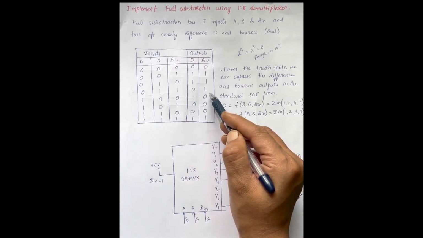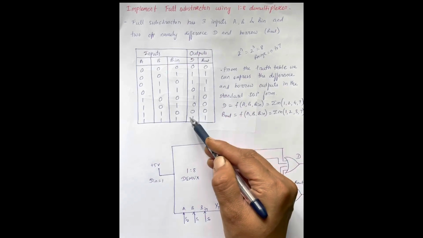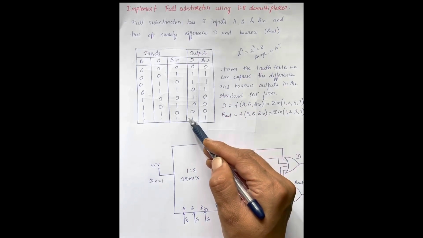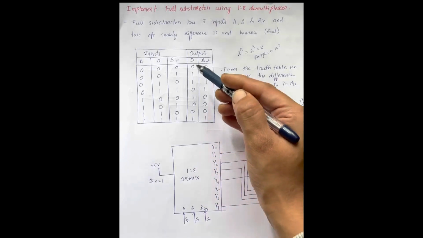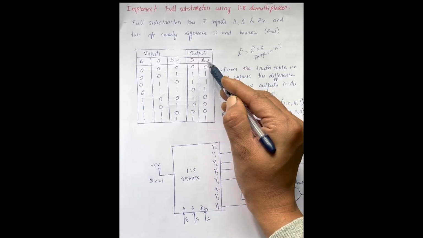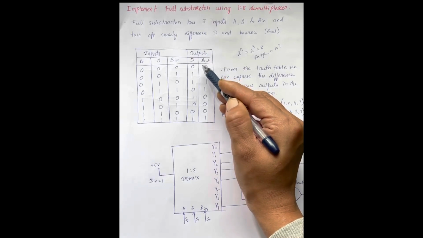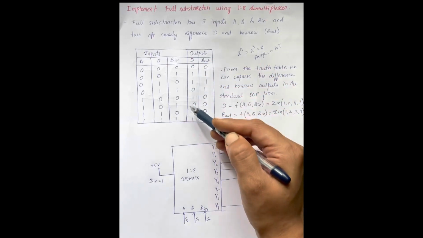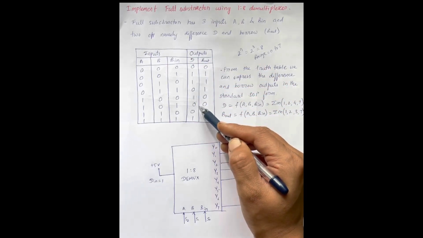This is already explained in the lecture on full subtractor. Just refer to that lecture if you do not know how to calculate the outputs for difference and borrow. It will help you out. I will not take much time to explain this truth table here.